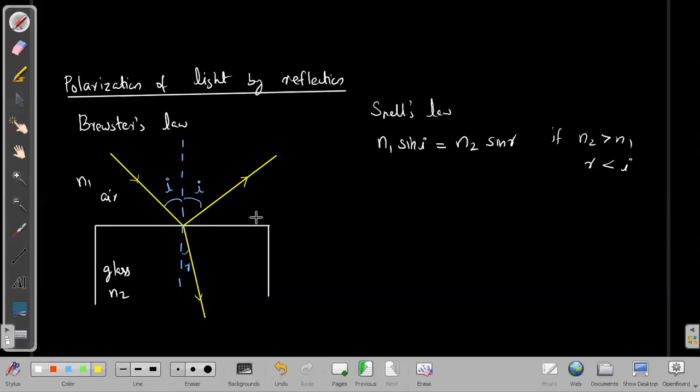Now suppose you have incident an unpolarized light here. Then your light will have both dot and arrow. This dot is called the S polarization, and the double-sided arrow is the P polarization.